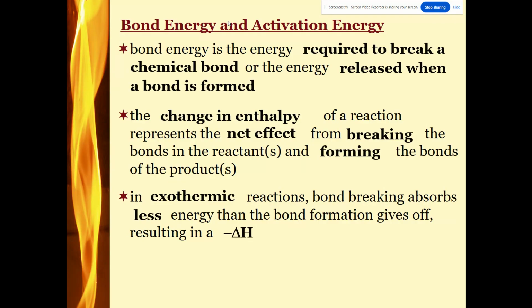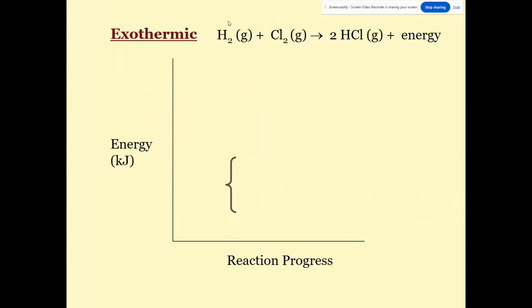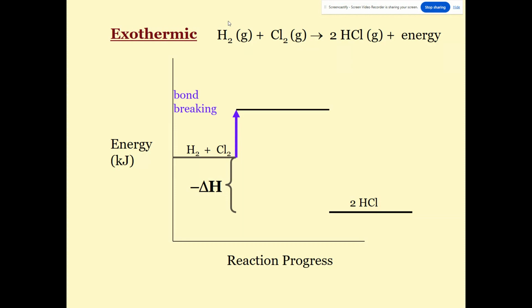For example, if I were to look at a potential energy diagram in more detail, before we knew an exothermic reaction had the products lower than the reactants. However, what about this intermediate step of bond breaking and bond forming? This is what we're going to look at now. I have to add a certain amount of energy to basically kickstart this reaction, to break the bonds, to separate those atoms into free atoms.